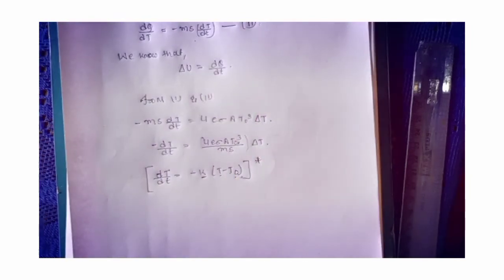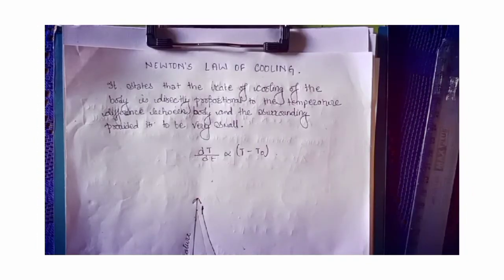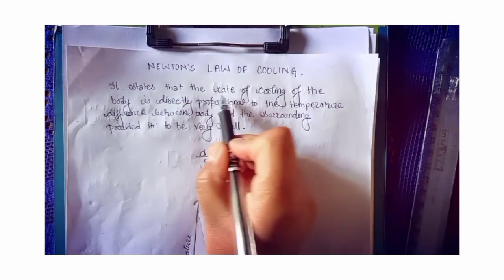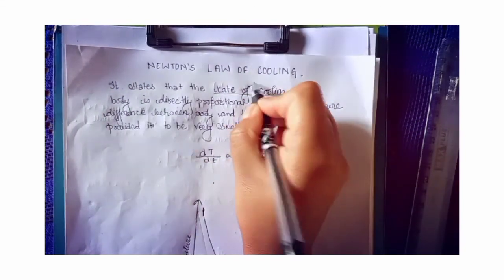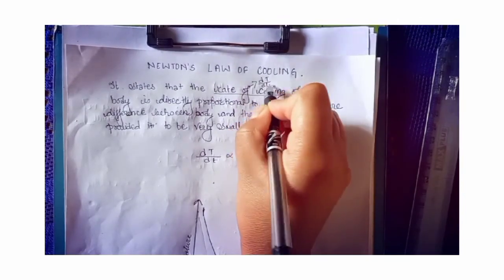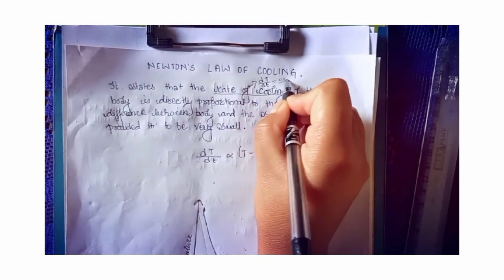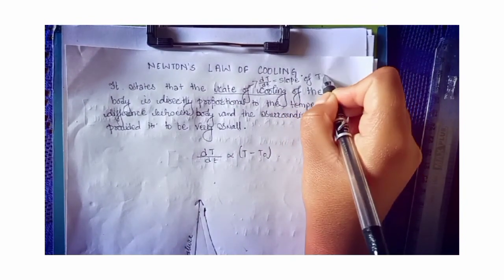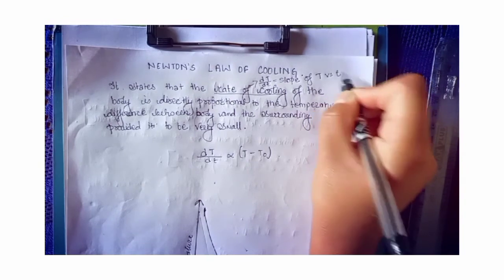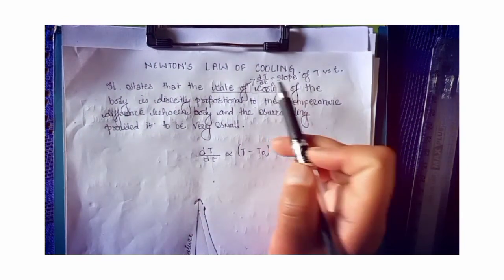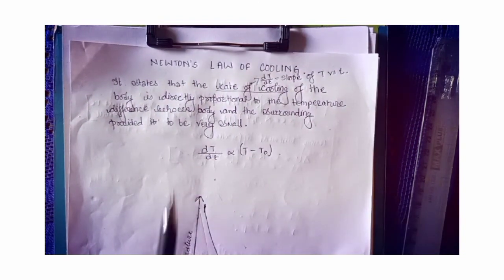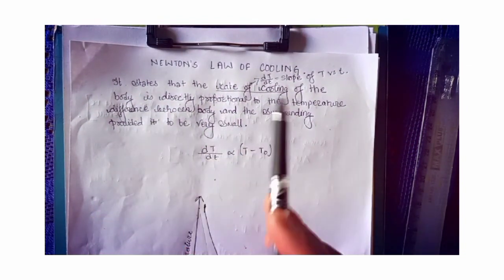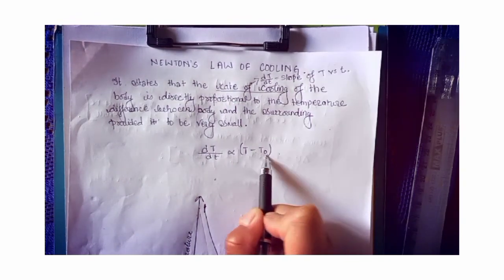So again, looking back to Newton's law of cooling, we have the rate of cooling, that is dT by dt, which is the slope of the graph of temperature T versus time t. This dT by dt is directly proportional to the temperature difference between the body and the surrounding, which is T minus T naught.